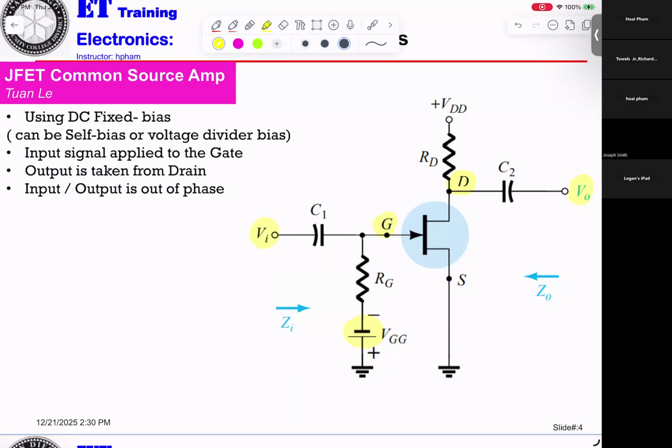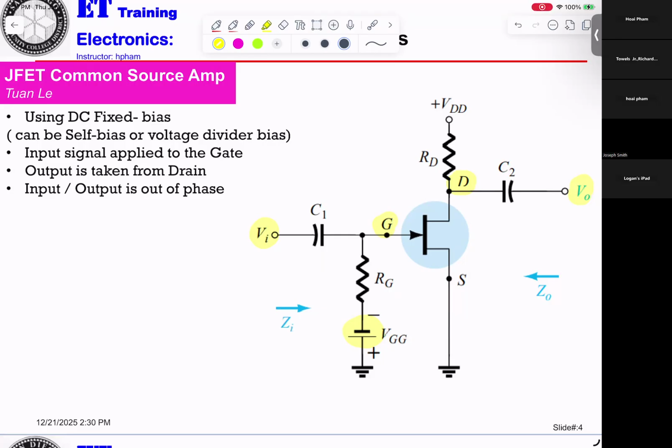By looking into the circuitry, you know which one and how to solve the problem. We don't design the bias, so we don't care. But basically, as technicians, we have to know which one. So, for this circuitry, they're using fixed bias. You get the VGG.